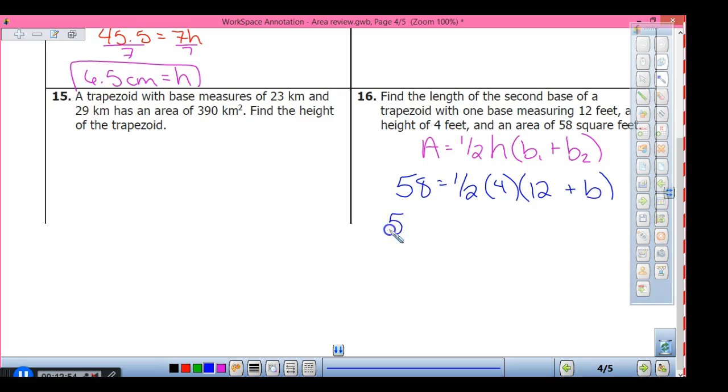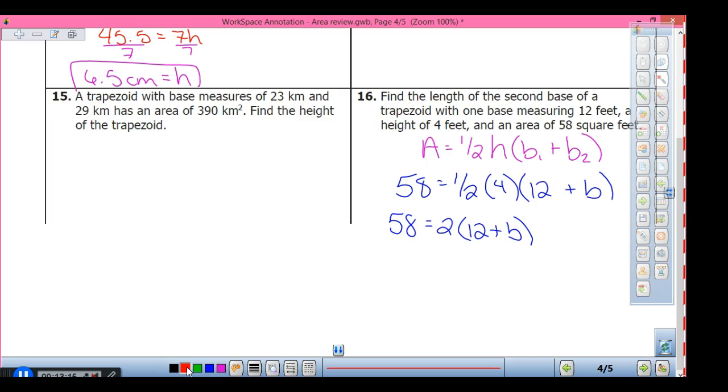All right, so 58 equals 2 times 12 plus b. Now where do we go from here? We could distribute, yep, so we have two options. You could distribute the 2, or you could divide by 2 and get rid of it either way.